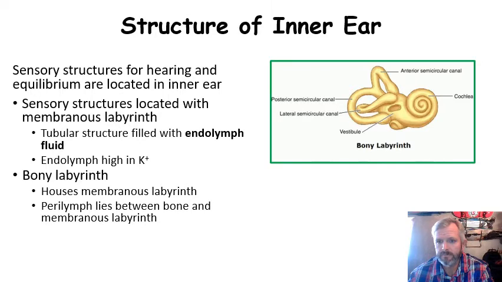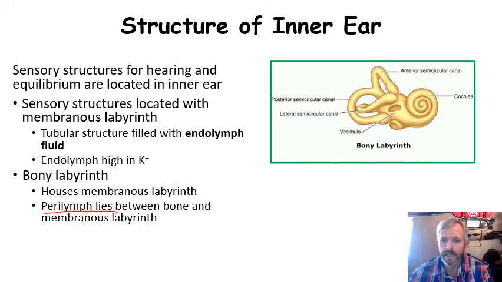It's basically like tunneling in the bone. The bony labyrinth rings through and it's filled with interstitial fluid, perilymph. It's very similar to what lies in the interstitial fluid, so it's high in sodium, low in potassium.